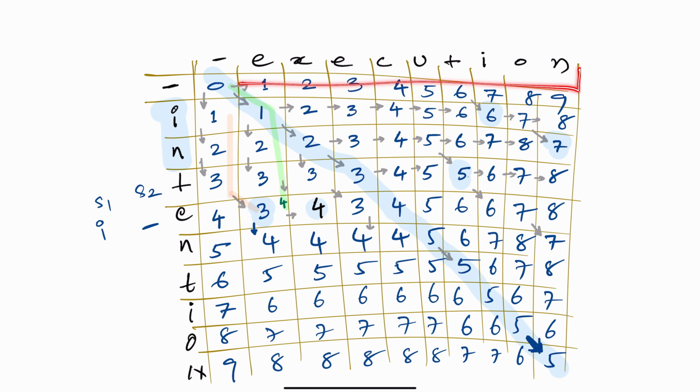To convert the text IN into execution, what is the next step? Yes, up to this one, inserting O, but here this character is matching with N. So what I'm going to do is, I will take the value as it is and not increment the values, because N is matching with N. I don't require any operations, so the minimum is 7 operations.